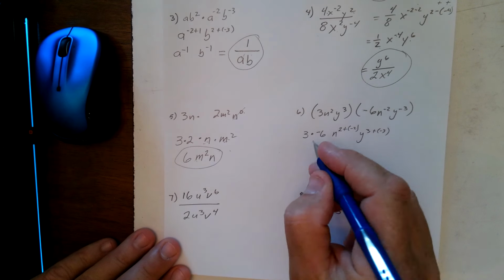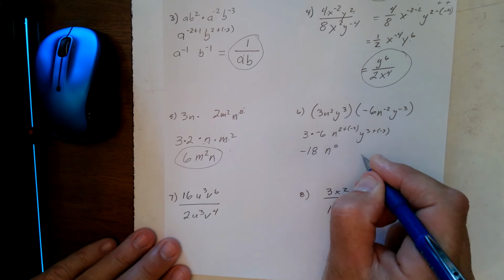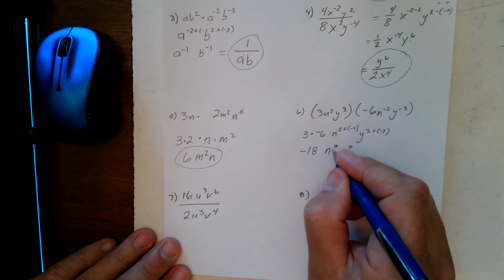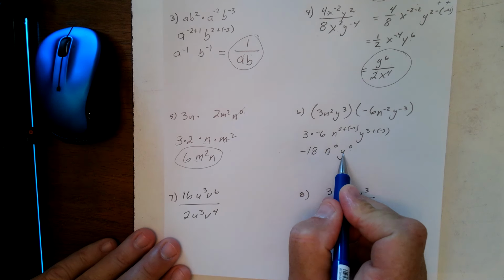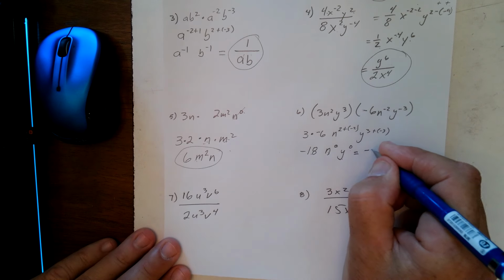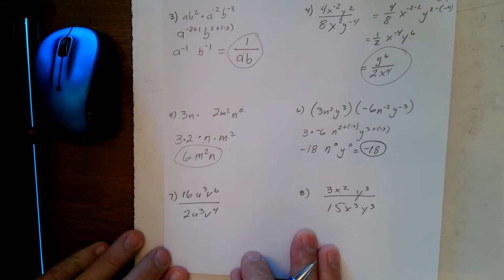That's negative 18, n to the 0 power, y to the 0 power. These both become 1, so negative 18 times 1 is, you guessed it, negative 18. How easy was that?